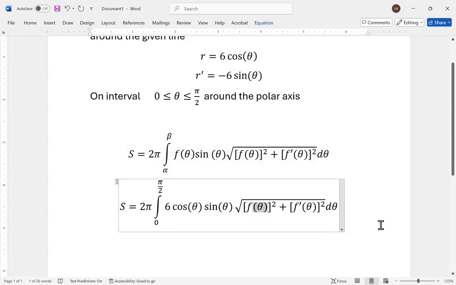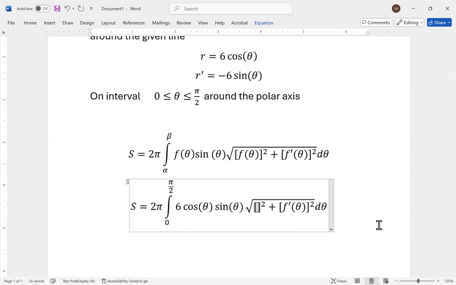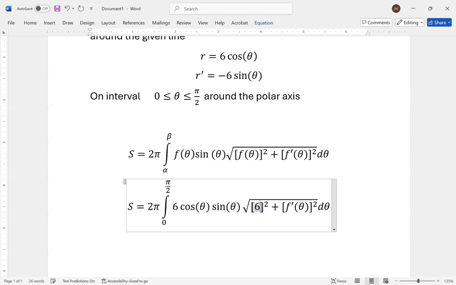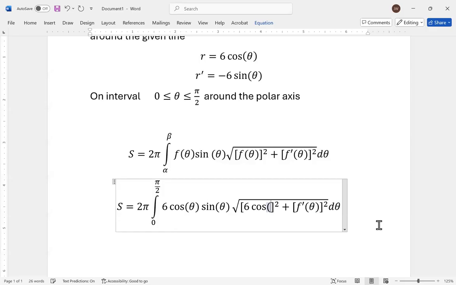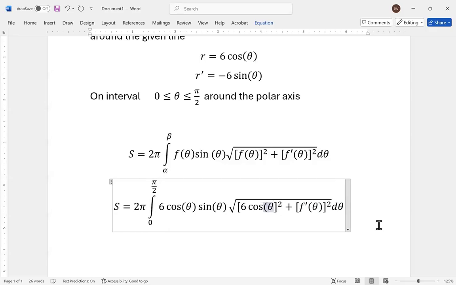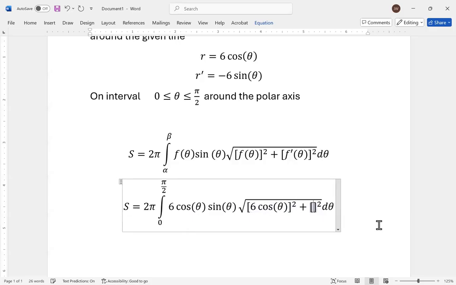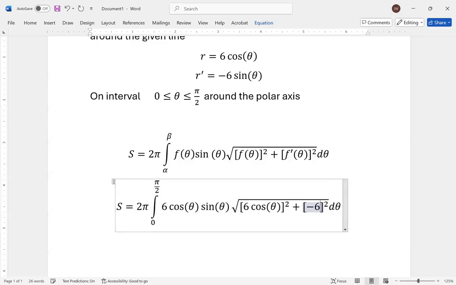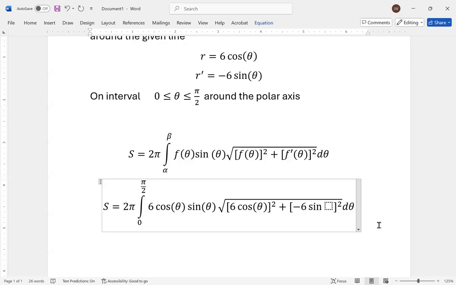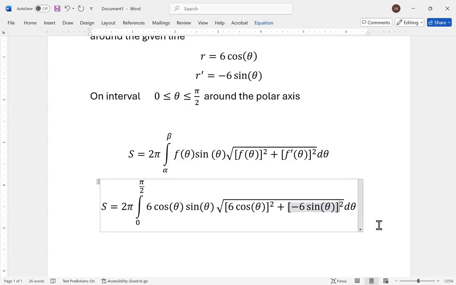Then underneath the square root, I have my function, which is 6 times cosine of theta, and then I have the derivative of my function, both being squared and then added up. The derivative is negative 6 times sine of theta, being squared and then added up.